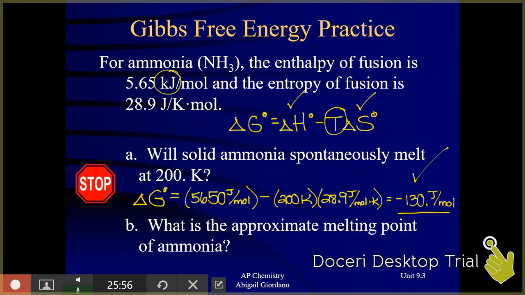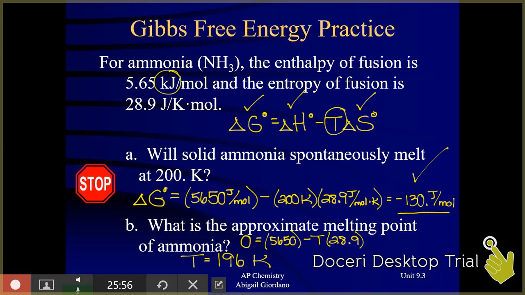We are going through a stage of equilibrium, so I'm going to set delta G here equal to 0. 5650 minus T times my delta S is 0. I'm running out of room here, but T comes out to equal 196 Kelvin. So that is the melting point of ammonia.